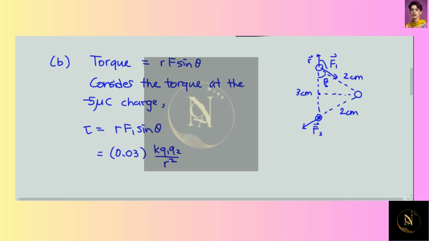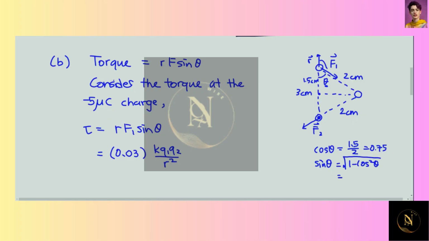Here we can easily find the cosine theta. Cosine theta is 1.5 divided by 2, which is 0.75, and sine theta is the square root of 1 minus cosine squared theta, using the Pythagorean theorem.